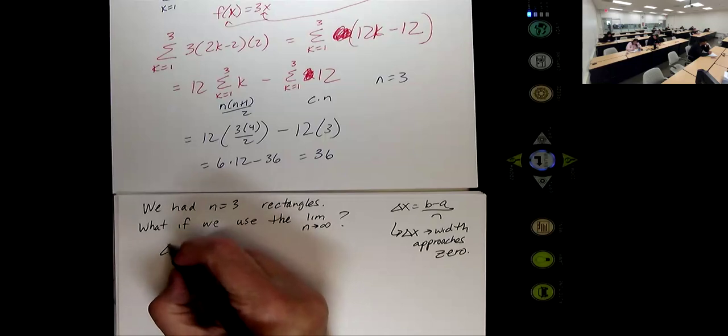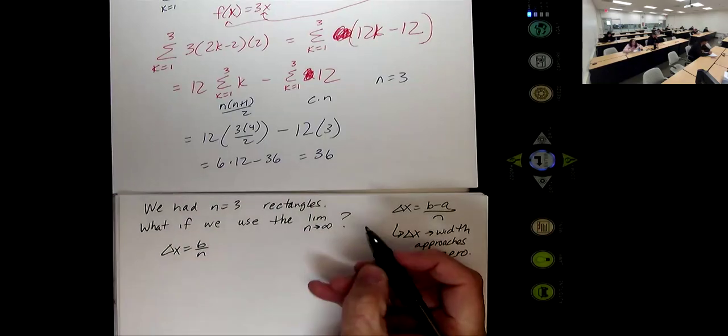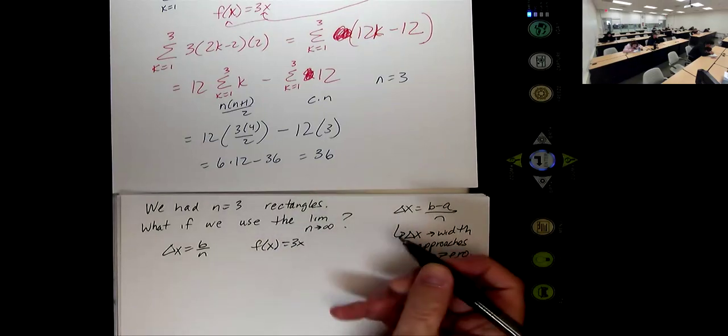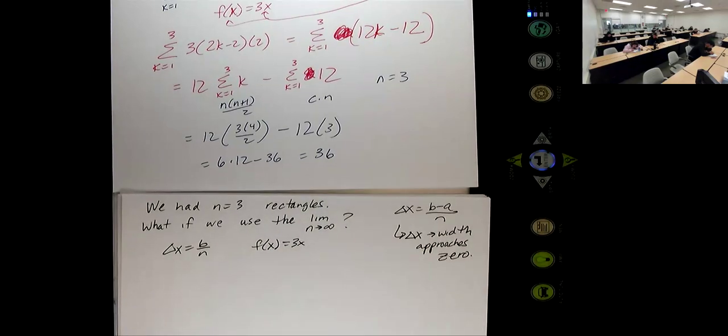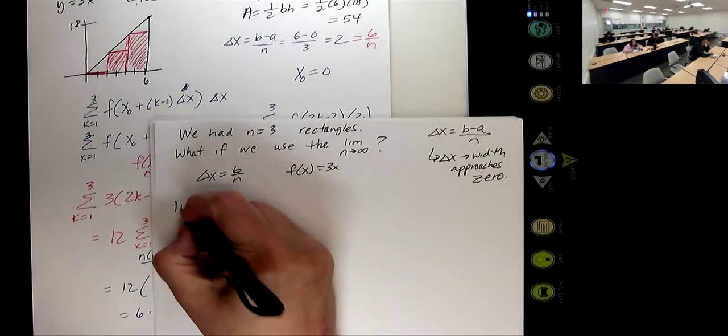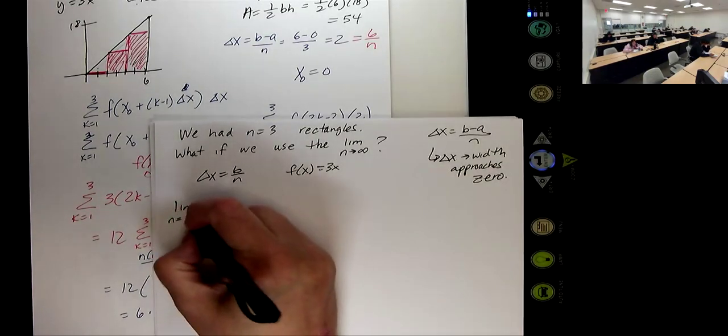So delta x was 6 over n. F of x was 3x. And we still have that formula right there. We're gonna do the limit as n goes to infinity.